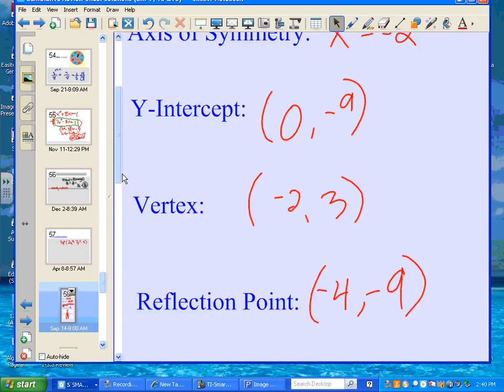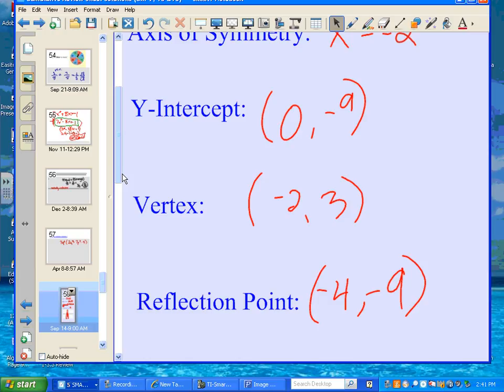You store this value, and just in case you forget this part, you do -2 stow x, hit enter, and then you type in the original problem, hit enter. Whatever the answer is on your calculator, you put that here. Okay? All right. Reflection point? Good. 2 times the axis of symmetry, comma y-intercept.